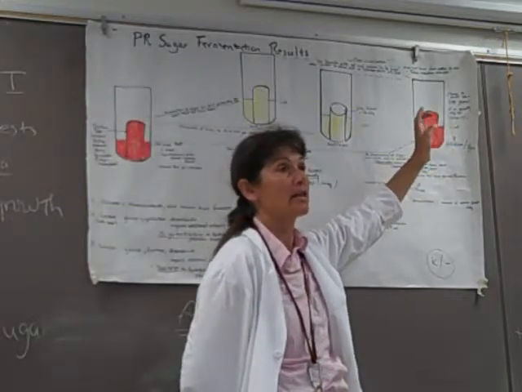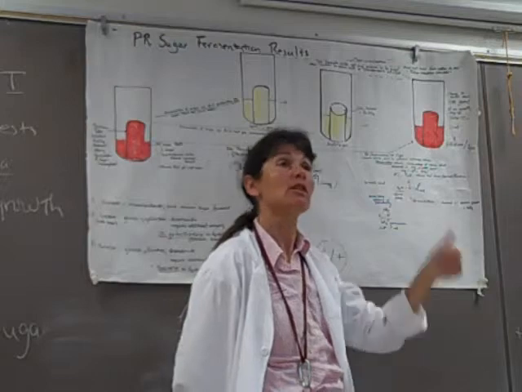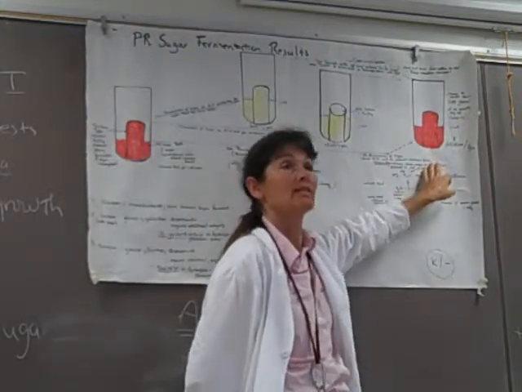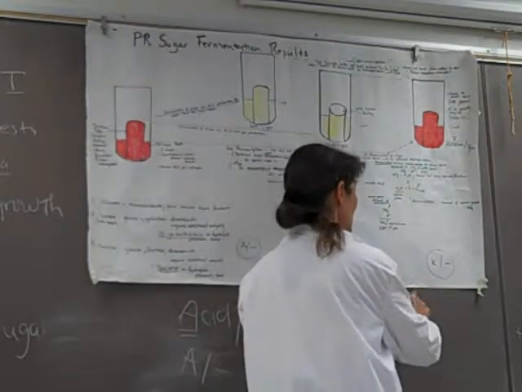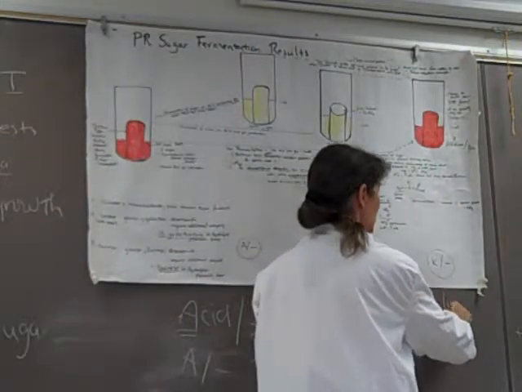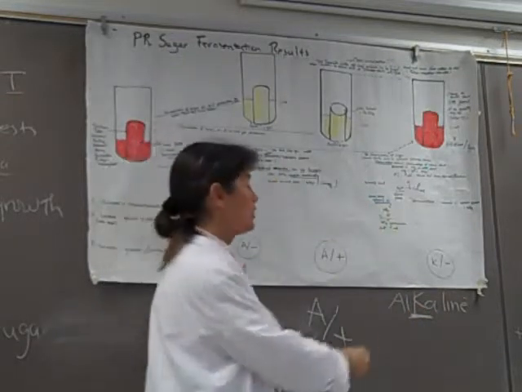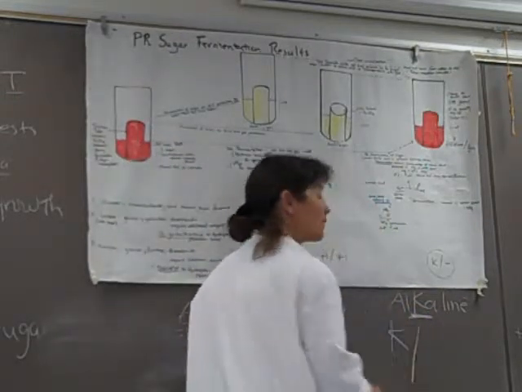The ammonia binds the hydrogen ions. The pH increases, so the media will turn red, okay? And that is telling us we have an alkaline reaction. Okay, so what we do is instead of using A for alkaline, we use K. Okay, K for alkaline.